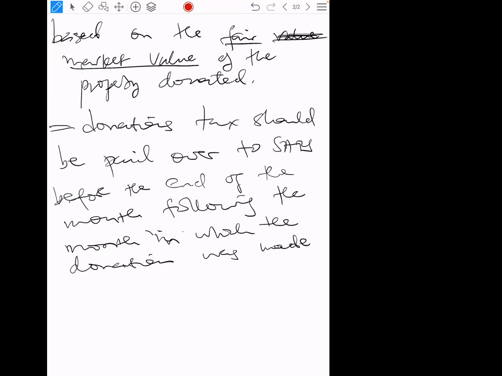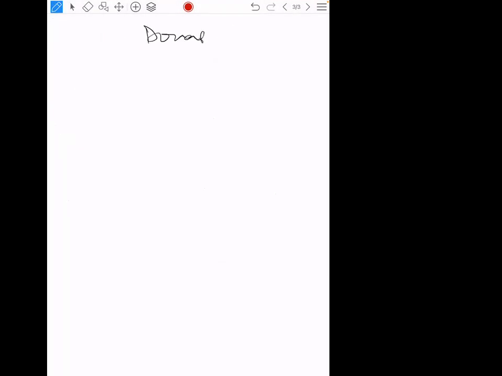All right, so now here is a summary of donations tax, how it works. Like I said, it is not always that you calculate. Some donations are going to be exempt from donations tax, meaning no donations tax.